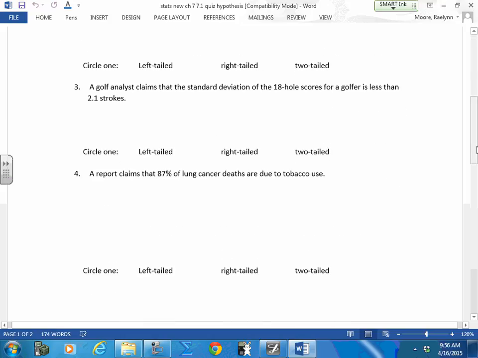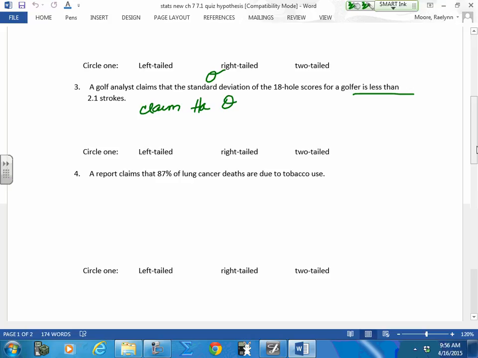Okay, number 3. Julie, read it for us. A golf analyst claims that the standard deviation of the 18-hole scores for a golfer is less than 2.1 strokes. Okay, so what's your claim? It's the HA, and how would you write this?